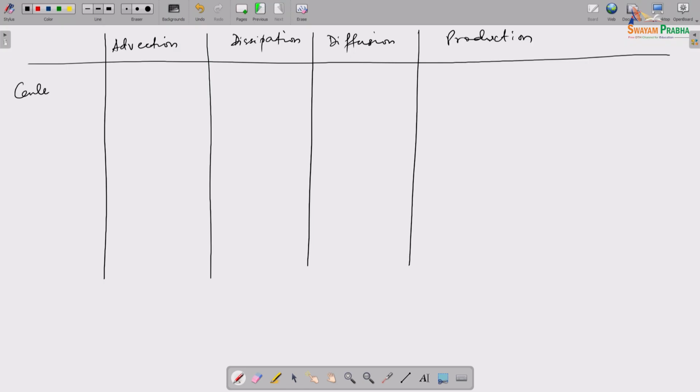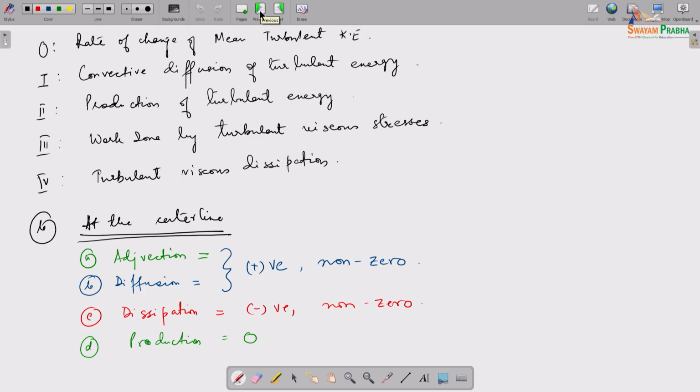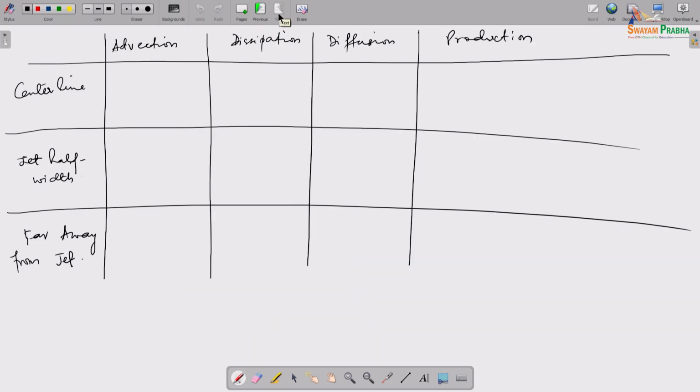Then we have the center line, the jet half width, and far away from the jet, okay? So if I were to do that, what we just wrote down is that advection and diffusion are positive.